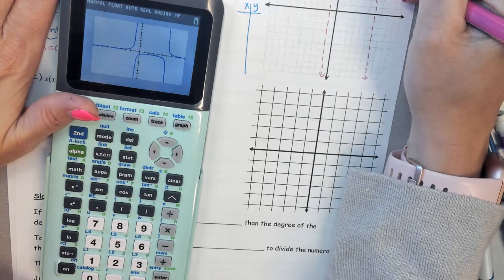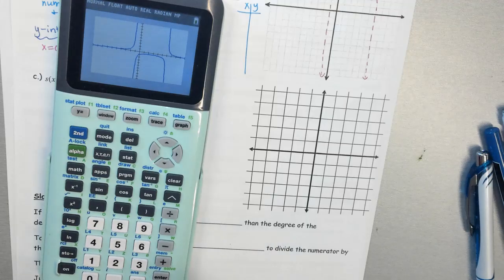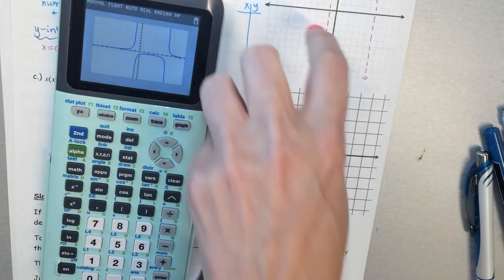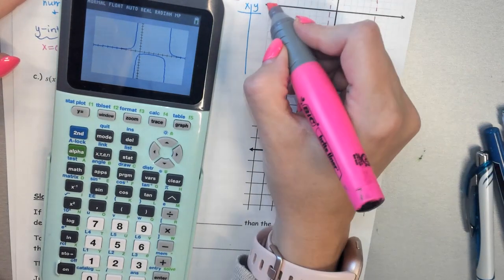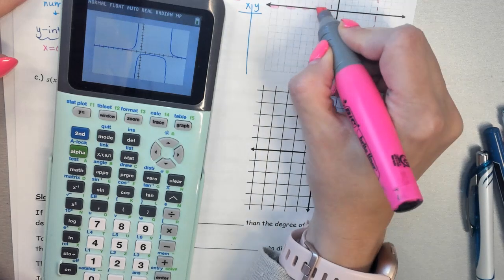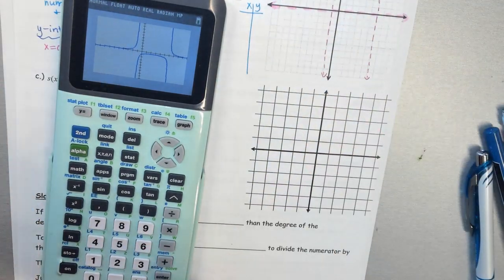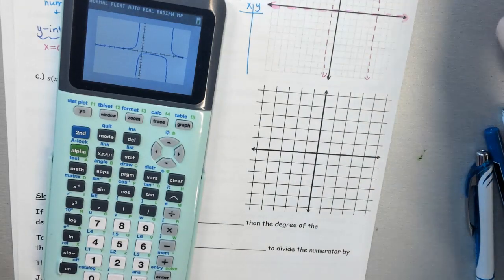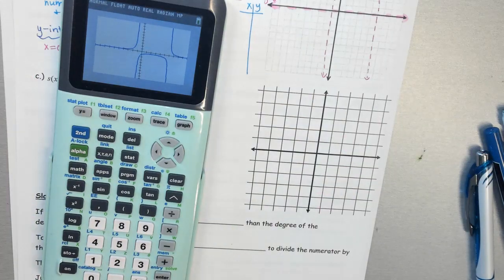One thing you will want to consider doing is putting your asymptotes in with highlighters if they are on the axis, just so that they show up a little bit better. So for y equals 0, I'm just going to highlight this so you can see it better. Remember that all of the asymptotes are going to be dashed lines to show that they are not the actual curve of the graph, they are just those asymptotes.